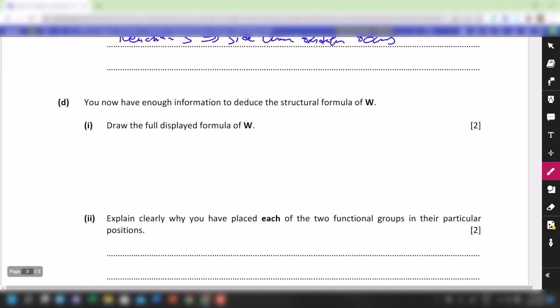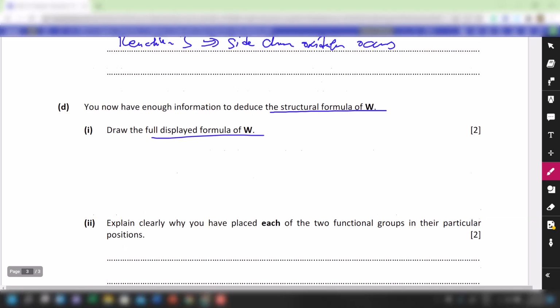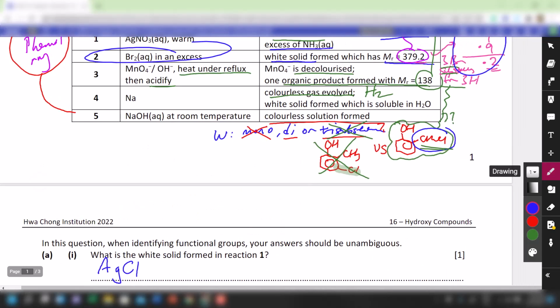Okay, so for part D, you now have enough information to deduce the structural formula of W. I need to show the displayed formula. Earlier on, I think we can safely say that what I drew here deliberately is not correct, because I drew a 1,2 disubstituted benzene system.